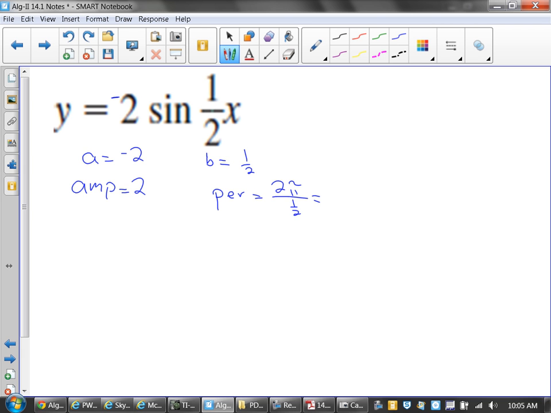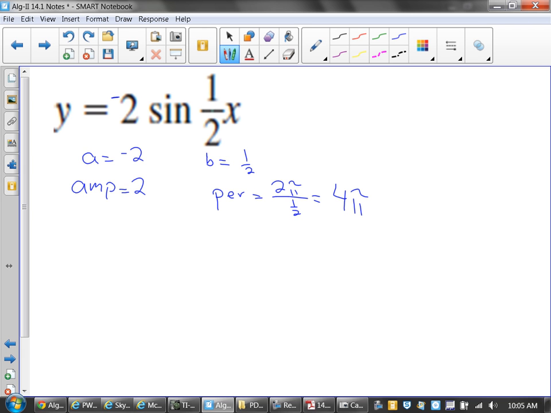Good. Lots of people get that wrong. When your b value is fractional, you multiply by its reciprocal. 2 pi divided by 1/2 is the same thing as 2 pi times 2. If you have a fractional b value, just multiply by its reciprocal right away.